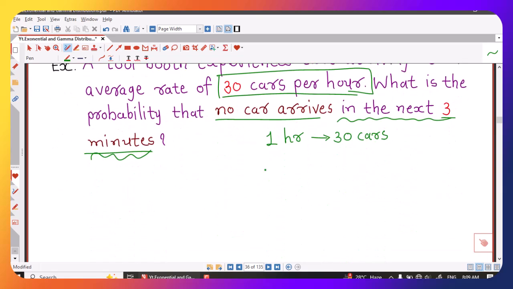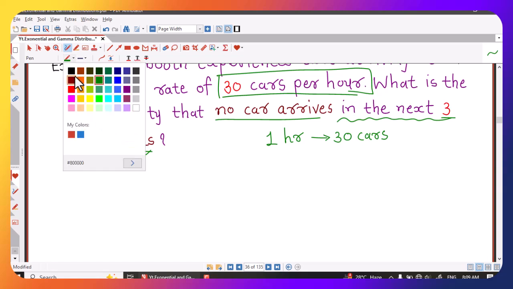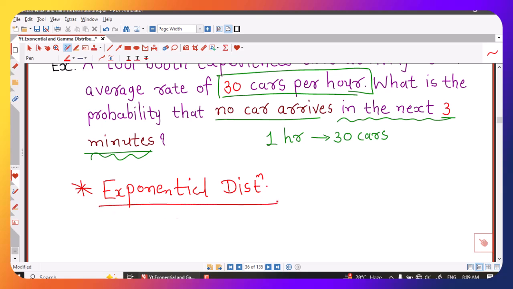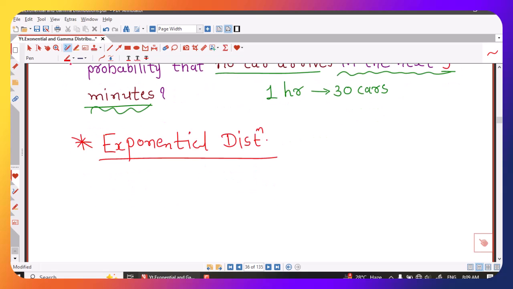First we are solving the problem using exponential distribution, and whenever we do so, we have to consider our random variable as time between events or time until some event occurs. So let me write that first I am using exponential distribution.